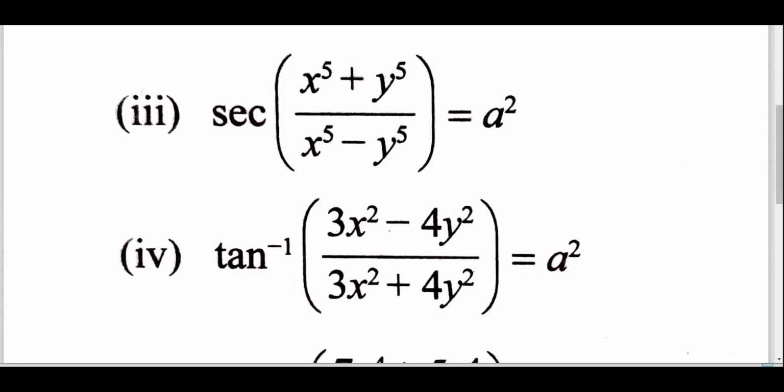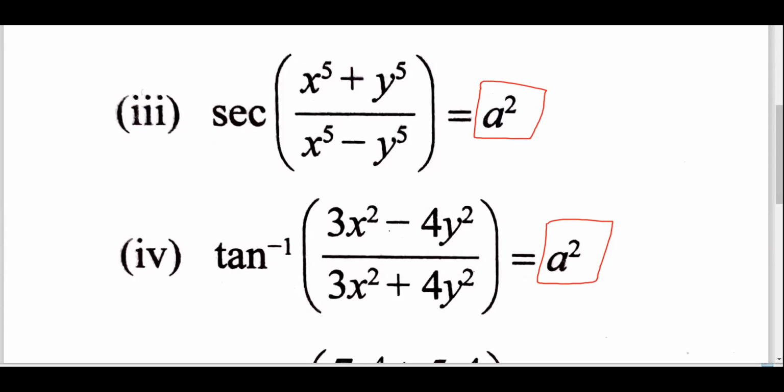What do you notice here is that in the third question you have a sec function on the left hand side, and then on the right hand side you have a constant, a square. In the fourth one you have a tan inverse function, and on the right hand side you have some constant. So see, constant on the right, constant on the right. Similar thing you notice? Yes. Then on the left you have a function. It's a trigo function here and an inverse function here, but the similar type.